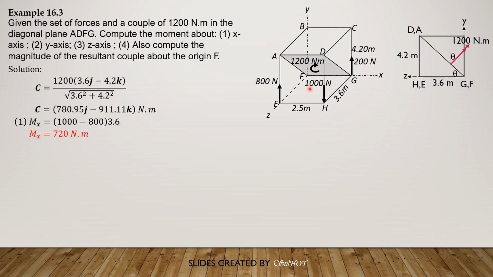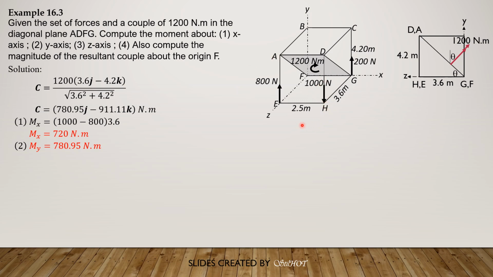Then moment about y is 0 for these vertical forces here. But we have y component 780.95 from the couple. So it is 780.95 Newton meter. And moment about the z-axis, this is the z-axis, we have component of the couple negative 911.11. Then the moment of this 200 force is positive, following the right thumb rule, that's the positive sense.